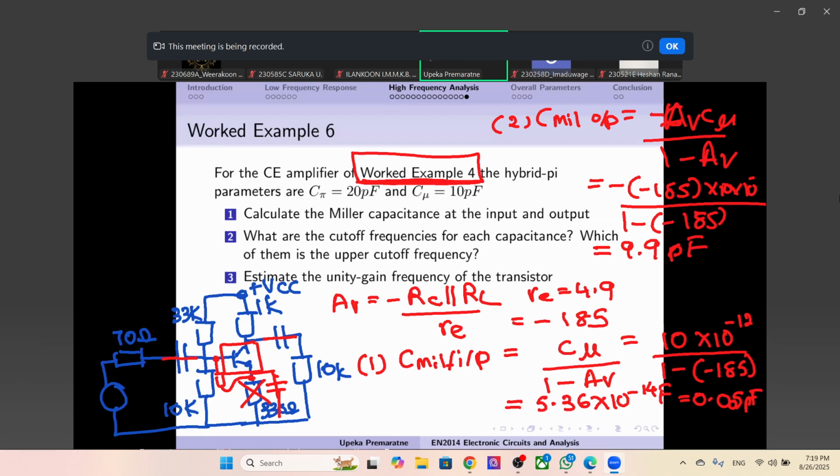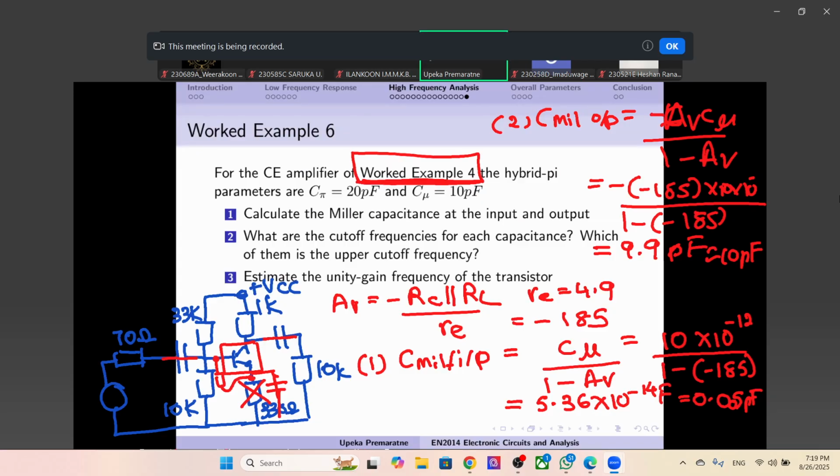Of course, these two are very close, approximately 10 picofarads. Doesn't matter, you can straight away take it as 10 picofarads, right? So those are the two Miller capacitances.